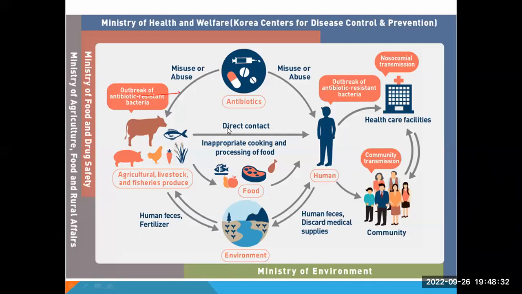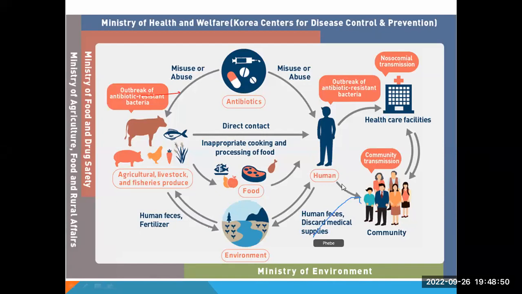And then there's a direct connection between the animal part and the human part. It can happen through inappropriate cooking and processing of the food, and then this goes back again to the human. And then the human feces and fertilizers go back here to the plants.